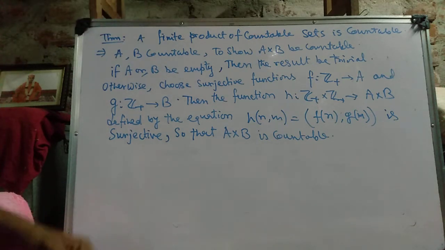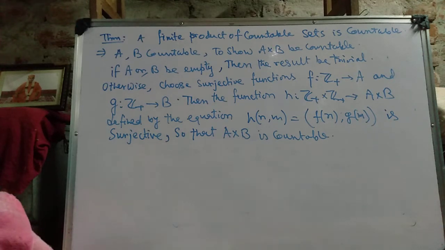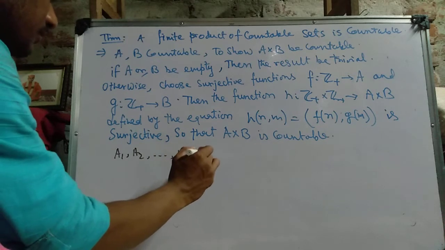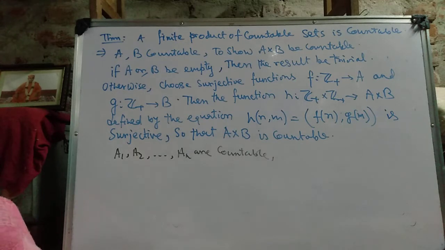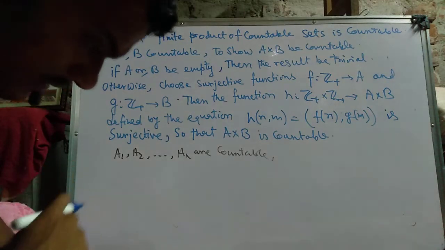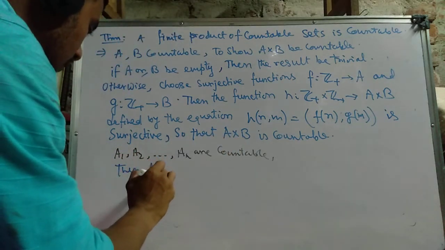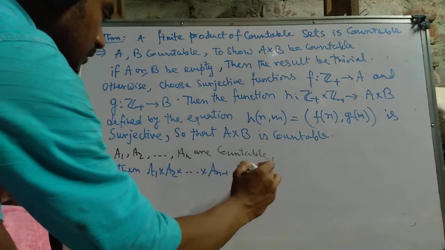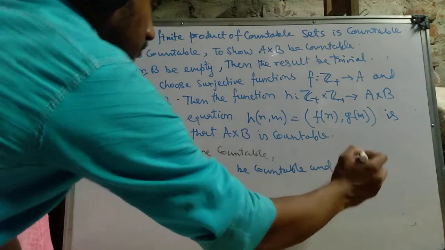Okay, then we go further. That means if A1, A2, up to A n are countable, then A1 Cartesian product A2 Cartesian product up to A n minus 1 is countable, and A n is also countable.